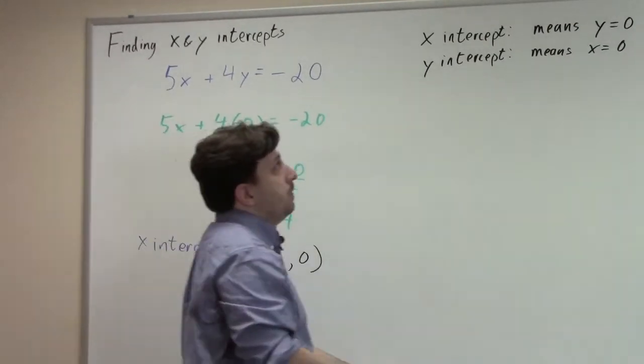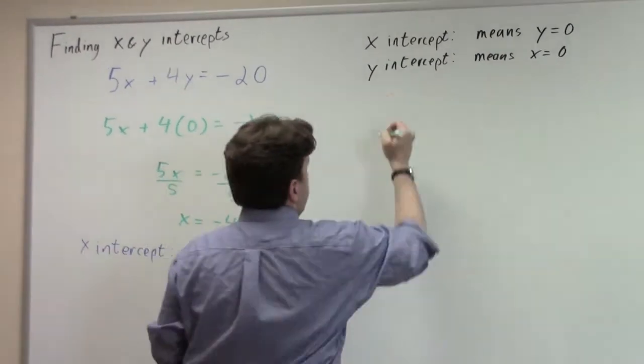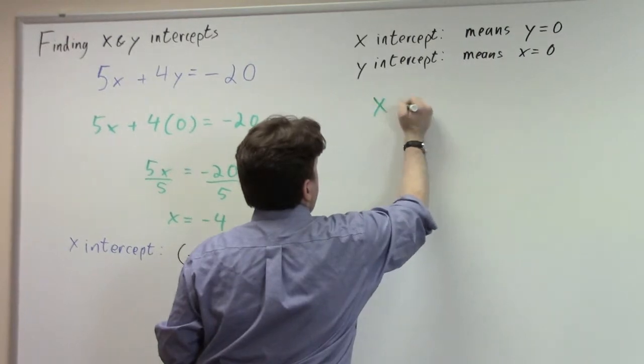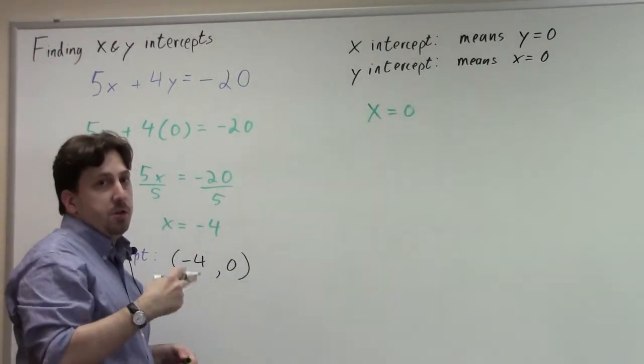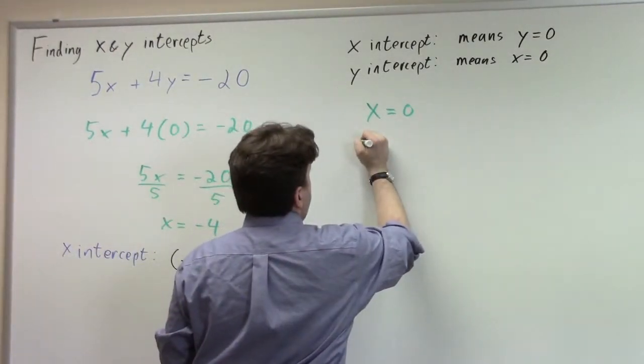Now, we want to find our y-intercept as well. So, since we're looking at the y-intercept, that means that x equals 0. Remember, it's always going to be the opposite variable. So we're going to plug in 0 for x.